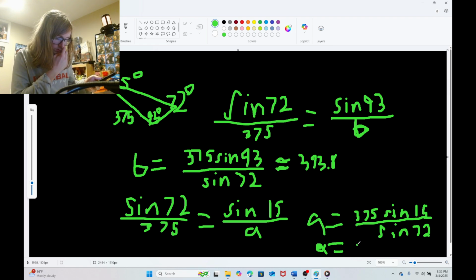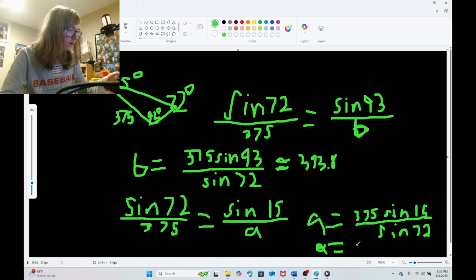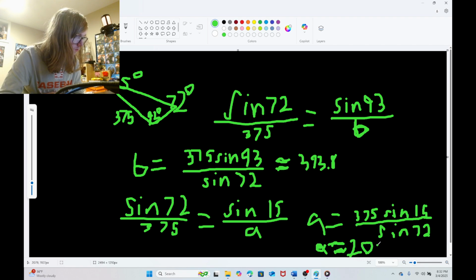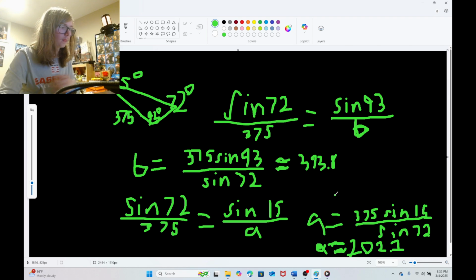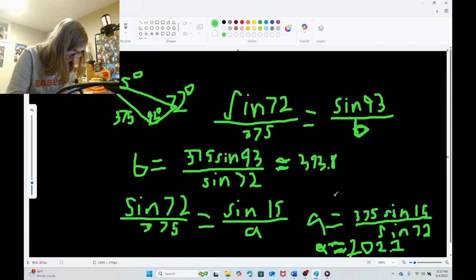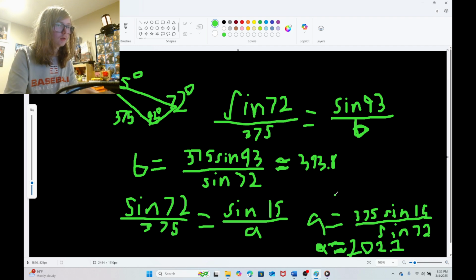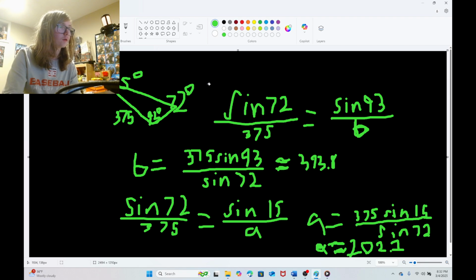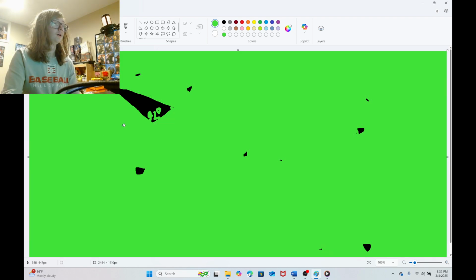A equals 102.1, which is significantly shorter, which makes sense. Alright, that all made sense, didn't it? Okay, good.